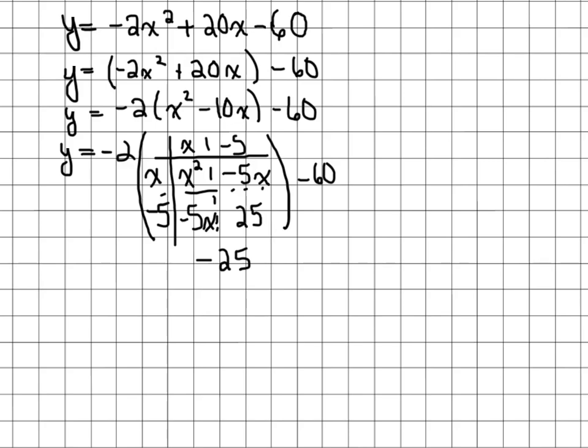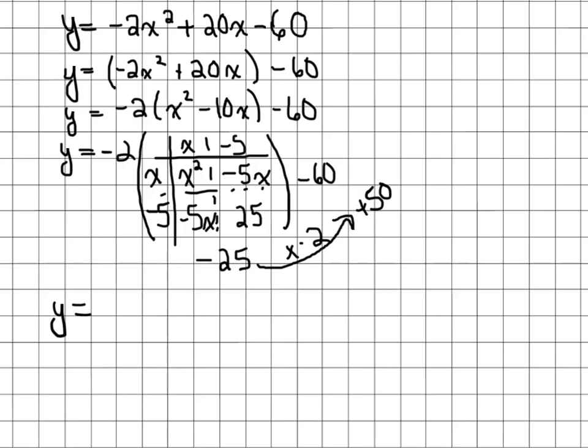So next thing, I'm going to bring those out. But again, because I am multiplying everything in the brackets by minus 2, when I bring this out of the brackets, I have to also multiply by minus 2. And that will give me positive 50.